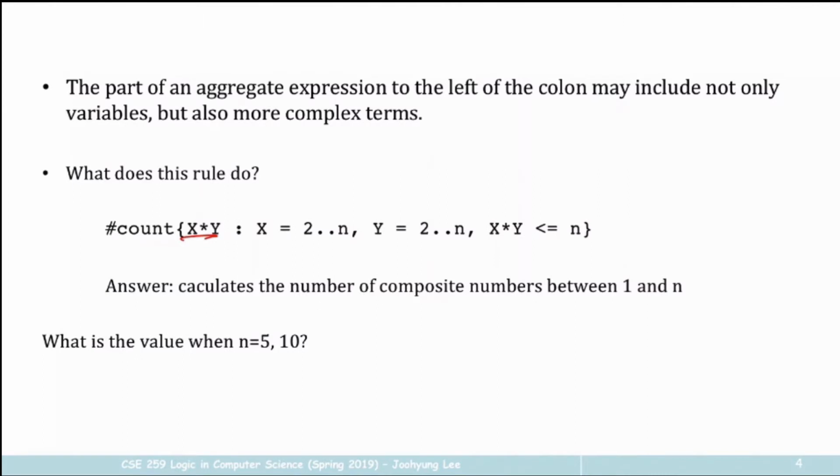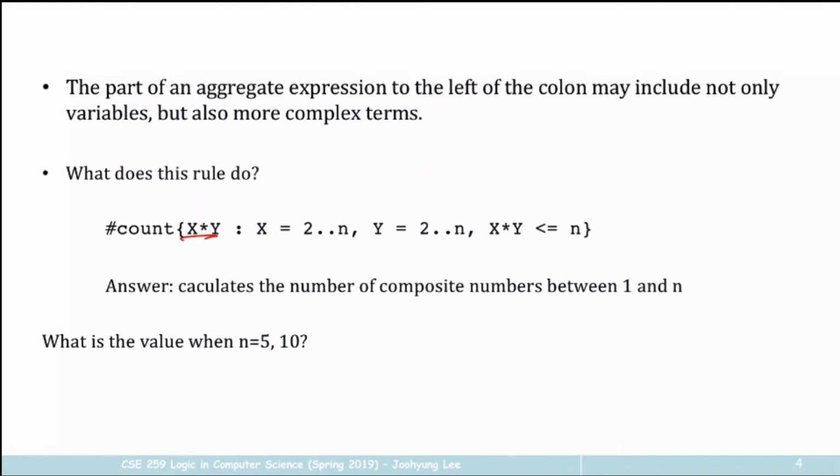And 4 is only possible because 2 times 2 is 4. 5? No, 5 is not possible because to make 5, you need 1 times 5, but we don't have 1 in the range. So only 4 is the composite number less than or equal to 5. And because of that, we count only 1.